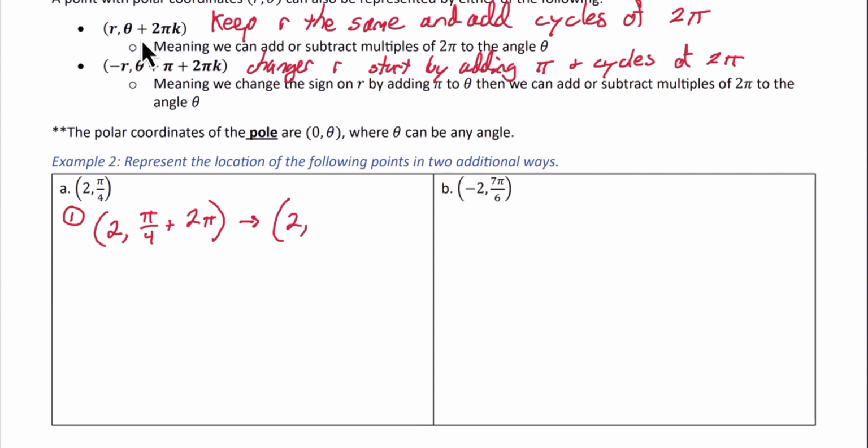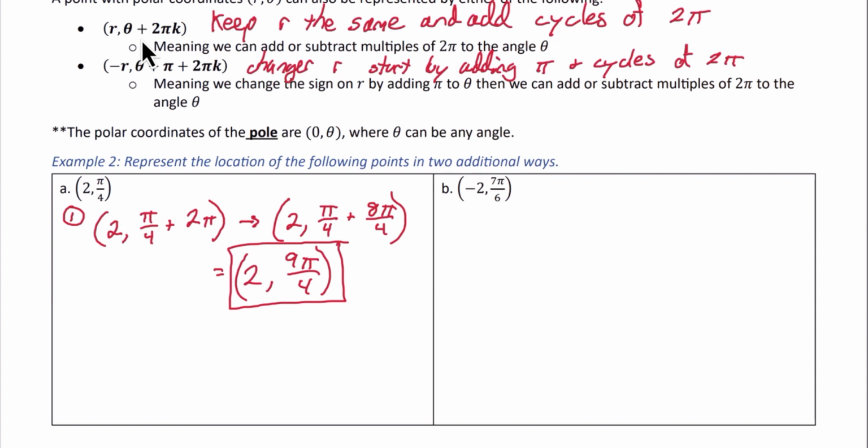We'll need to get an equivalent denominator. So think of 2π as 8π/4. That will give us (2, 9π/4). So this point is the exact same point as the point we started with, (2, π/4).